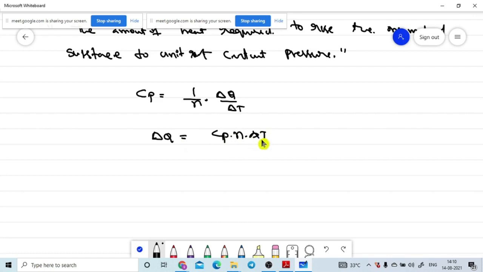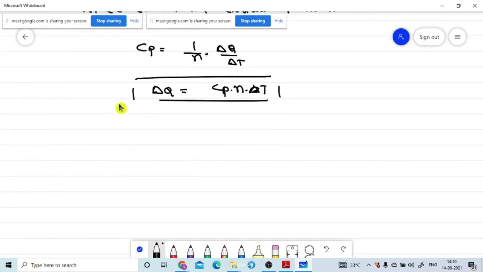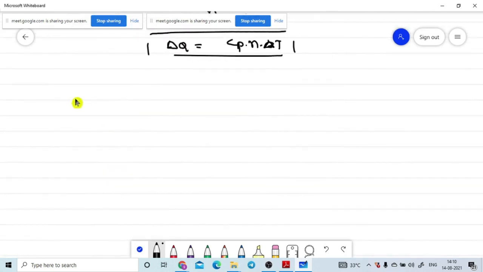Is it correct? We can use this formula in problem solving, so fix this in your brain. We are going to use this formula. Now, in a similar manner, CV, the molar specific heat capacity at constant volume, is labeled CV.